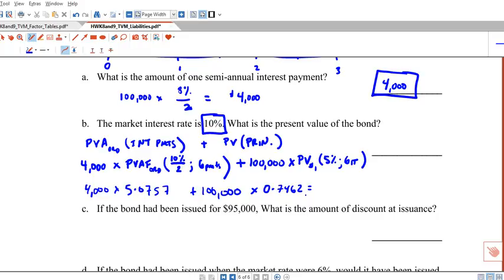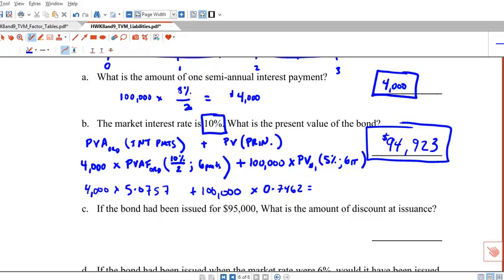That's 74,620. Add them together. I'm getting 94,923. Okay. I feel good about that because I know that this present value should be less than 100,000.